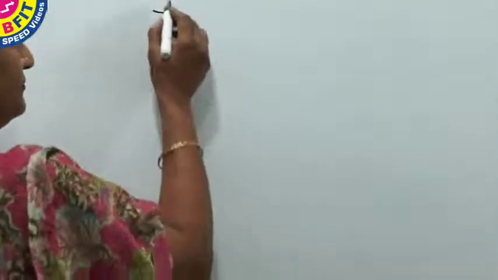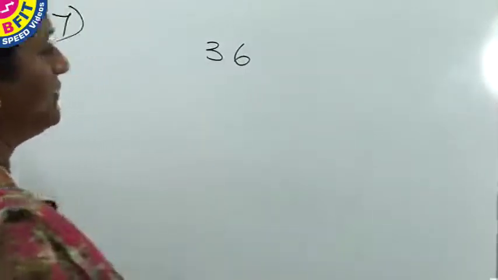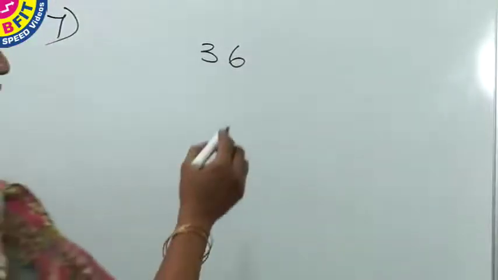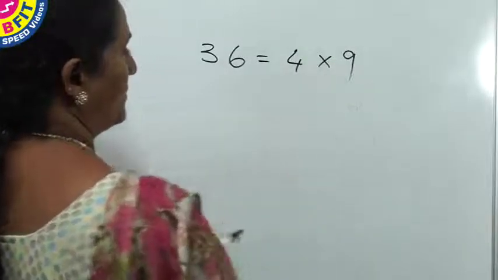So again, proceeding from the options, the divisor is 36. We again split this into relatively prime products.